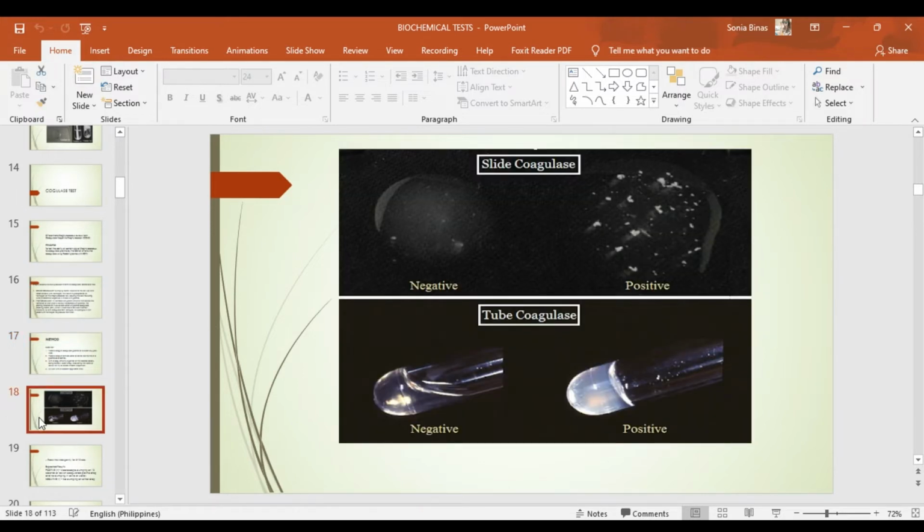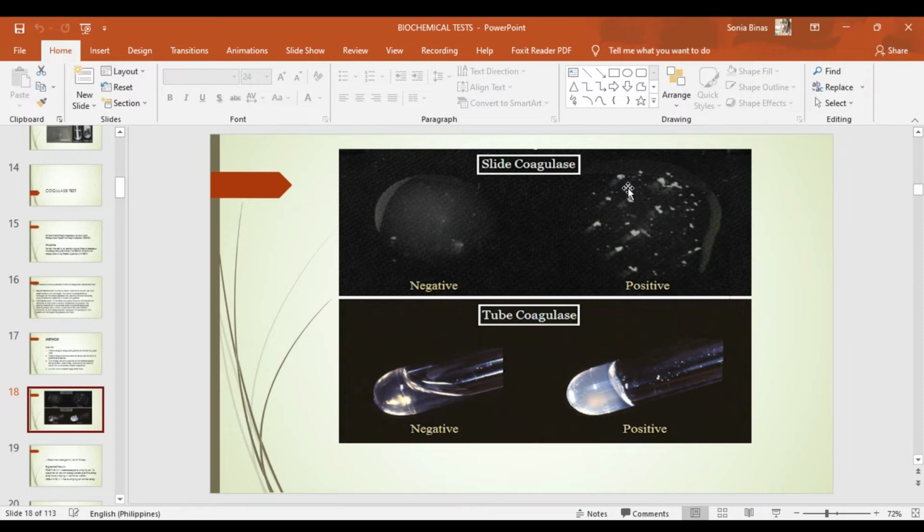So, ito po yung magiging appearance ng ating coagulase test. Makikita natin sa taas, sa right side, ito po yung ating positive test. Clearly po na may clumping factor or may clumping reaction ang ating organism dito.